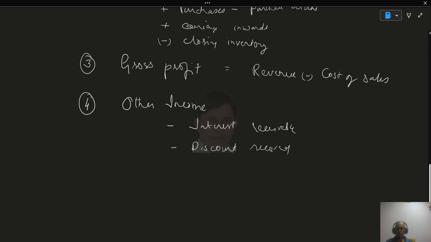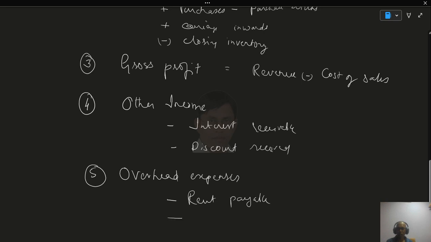So then what is the fifth step? The fifth step is you have to take out overhead expenses. So what are the overhead expenses? Overhead expenses may be rent paid, rent payable, salaries, printing and stationery.